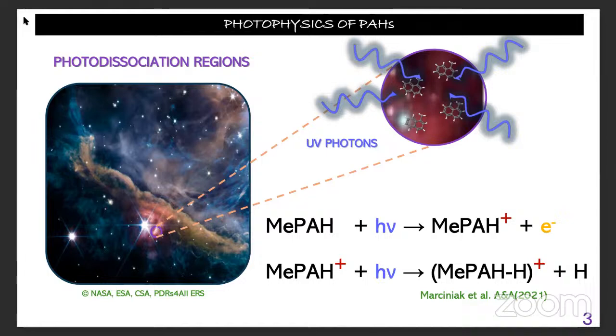A possible scenario for these cations is to absorb another photon and then dissociate, forming a dehydrogenated cation. It is known that this -H cation is more stable than the parent, and it can also exist in different isomeric forms.